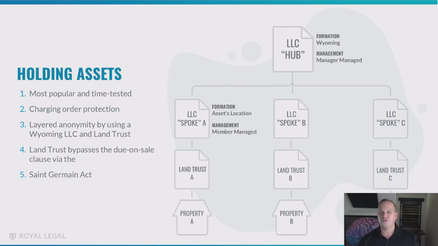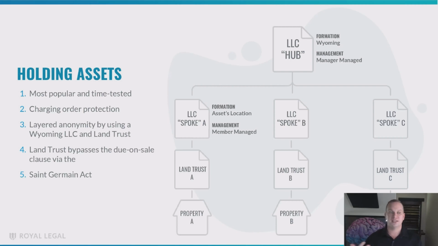And then you have all of these individual LLCs that are formed in the state where the asset's located, and these are all member-managed. And they in turn own the property through a land trust and have this individual property. This is the most time-tested type of protection. This is the most sophisticated, but also the oldest type, where you end up having increased expenses because you have all these individual LLCs now. So that's the drawback to it.